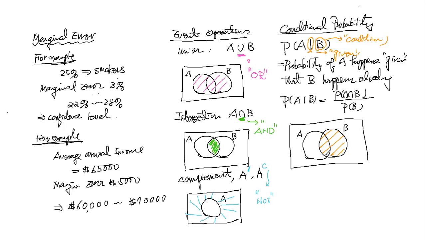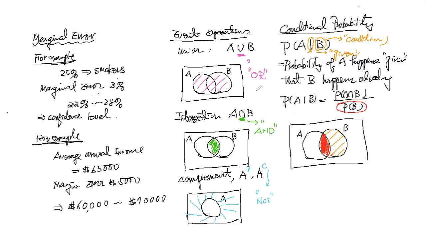Under B already happening, the B will be on the denominator. Then the top, just like this red part, is where A happens under B. So that is the common part, A intersect B. So far, so good? Okay.